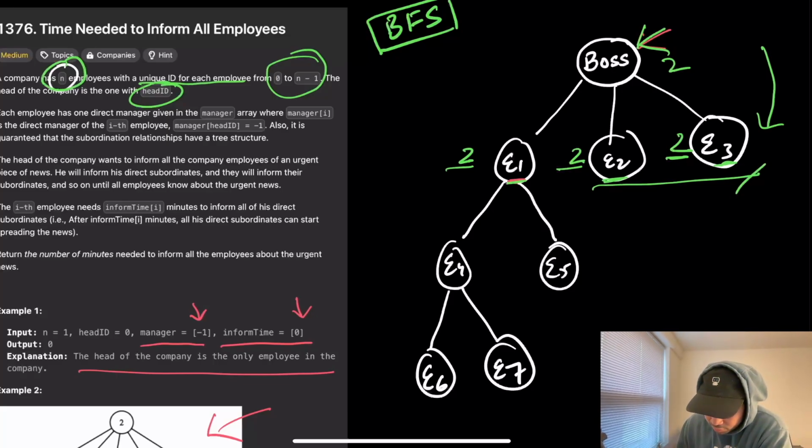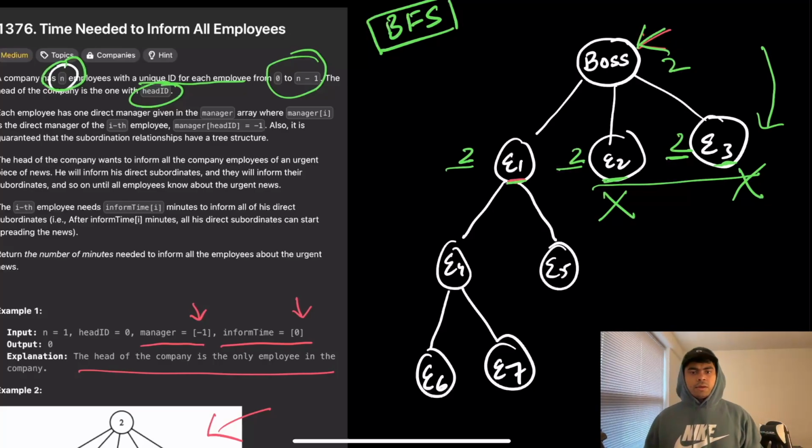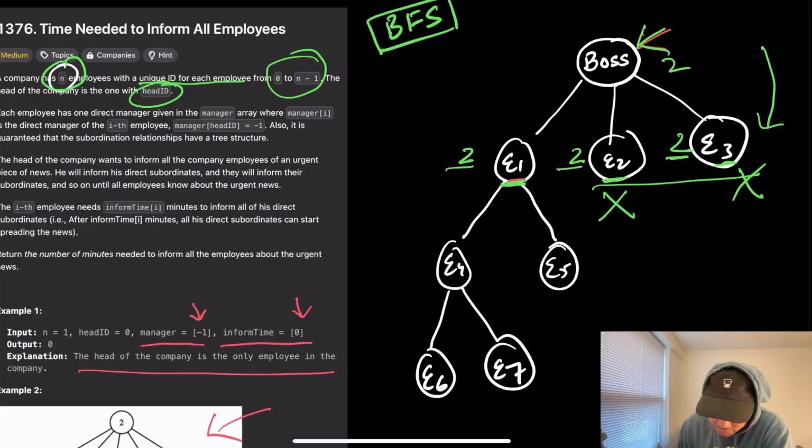They're done right here, because they don't have any employees working for them. But employee 1 has to pass that information down, and let's say employee 1 takes 1 more minute to pass down the information. So here the time will become 3 for each of these.